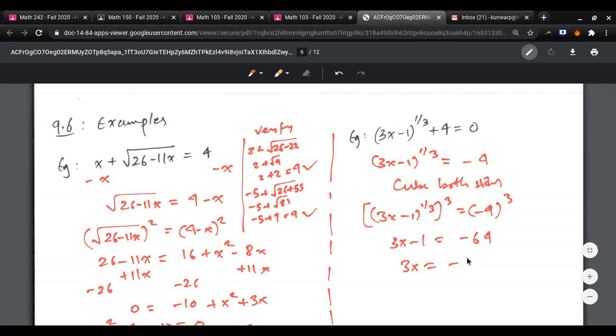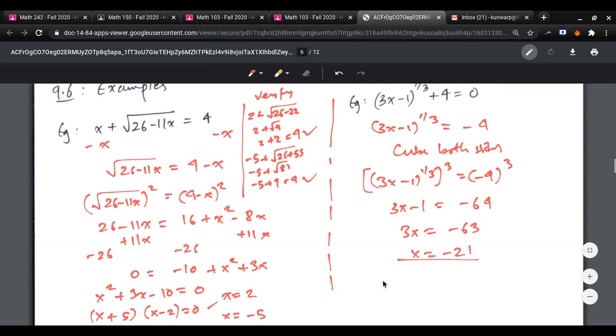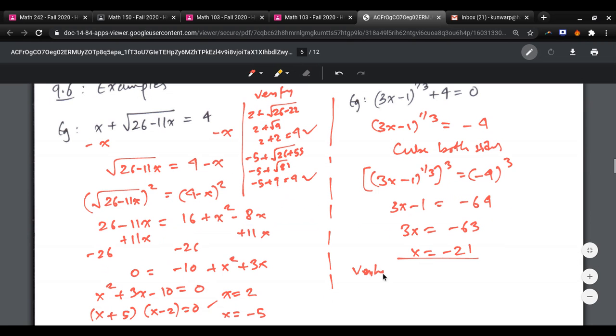So I get 3x is negative 63 and x is negative 21. Let's verify. 3 times negative 21 minus 1, to the 1/3. That is the cube root of negative 64, which is negative 4, and plus 4 is 0. So that is my solution.